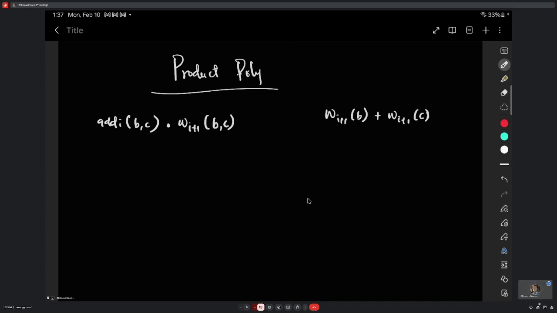One way is to multiply both of them, get that multivariate, and work with it. Another way is to think of them still as two different multilinear polynomials and work with them separately but together.